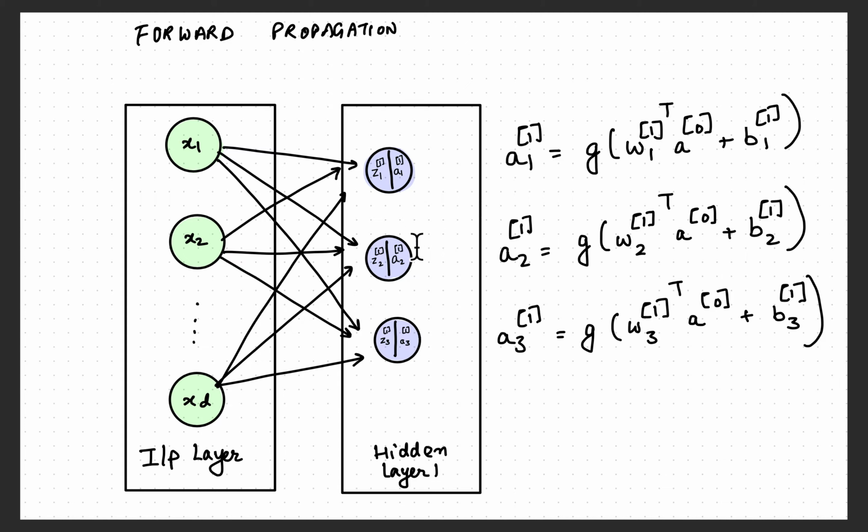So the other nodes, the second node in this layer is A square bracket 1 subscript 2 and A square bracket 1 subscript 3, and we can write this in a fairly similar format. If you see, the only thing which is going to change is the set of weights and the bias. So the only thing which is constant, in fact, is just the input A0, and what is changing across each of these nodes is the weight vector and the bias scalar in this case, right?